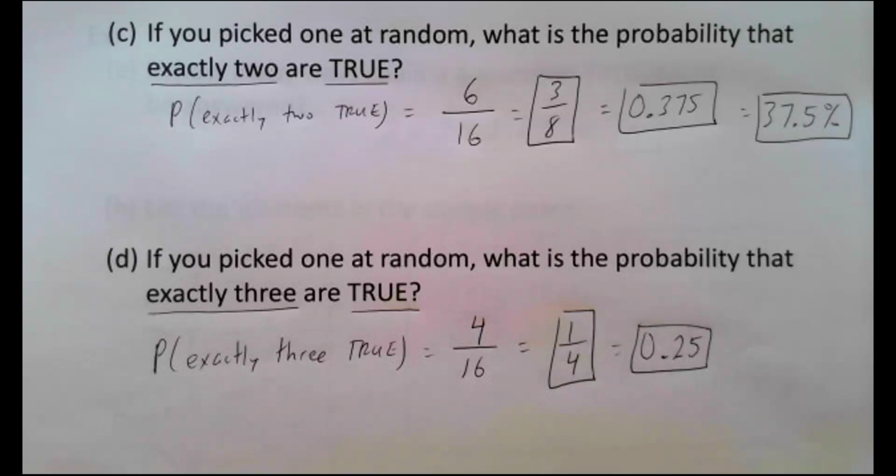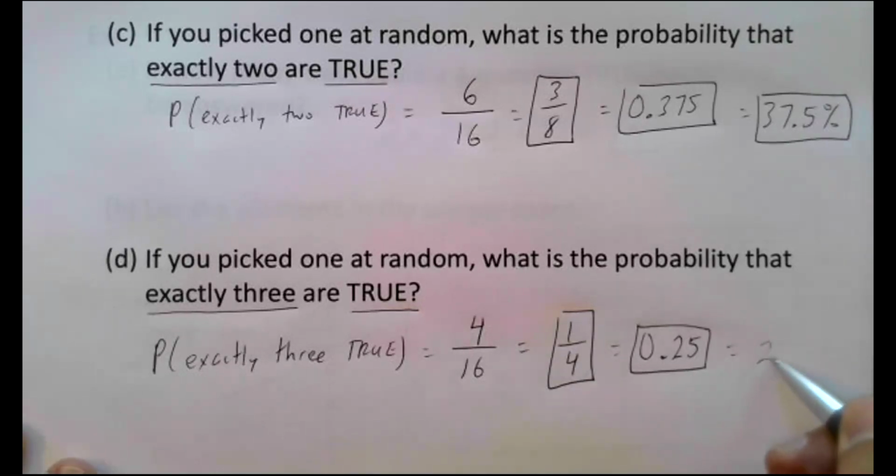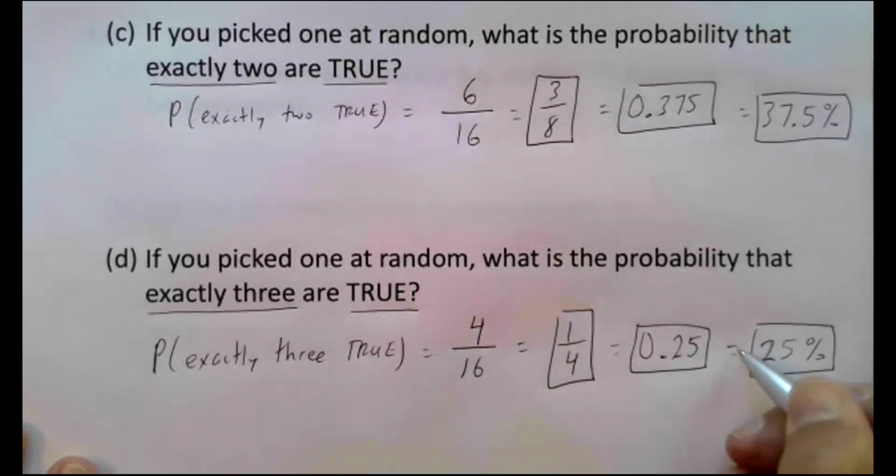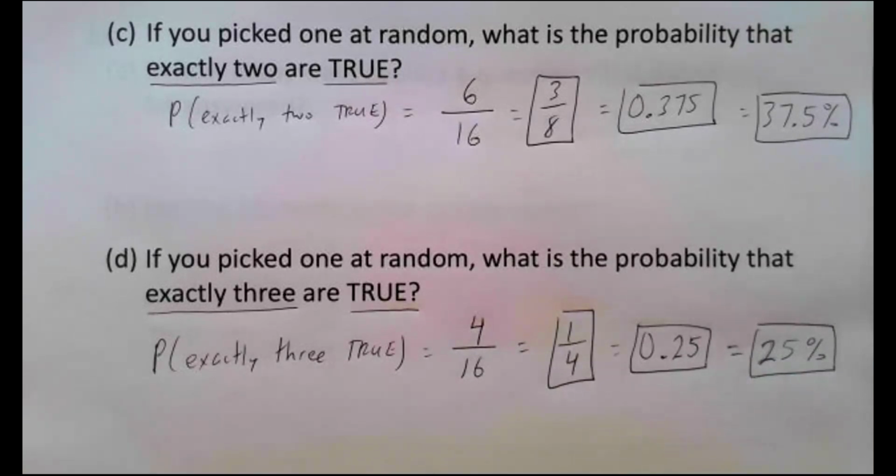So it's a time where you could go to Google, say, how do I make my fraction into a decimal, and then type in the title of your calculator, and it should tell you, or YouTube should have videos for that. If I move the decimal twice to the right, I get 25%. Any of those 3 answers are good answers.